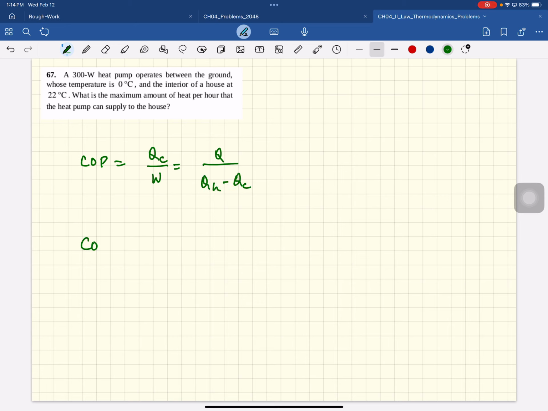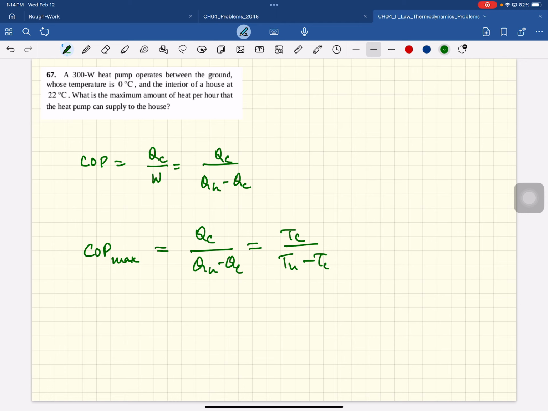For a Carnot, QC over QH minus QC is just TC over TH minus TC. It just depends on the temperature, just like for a Carnot heat engine.